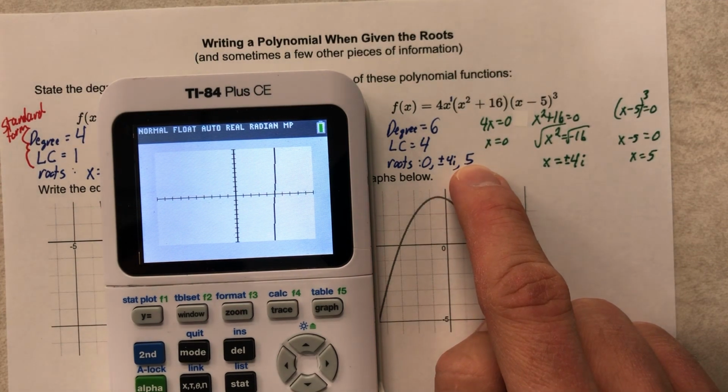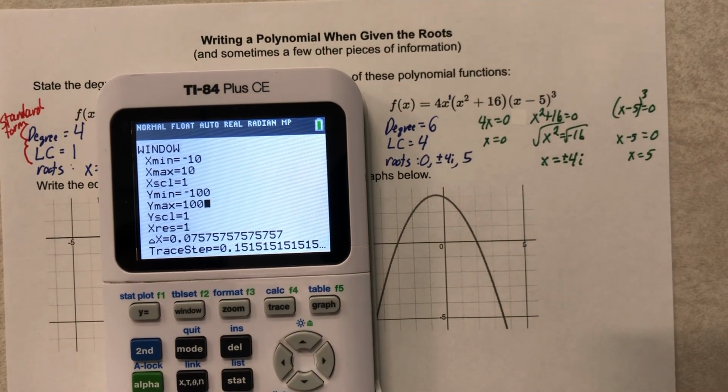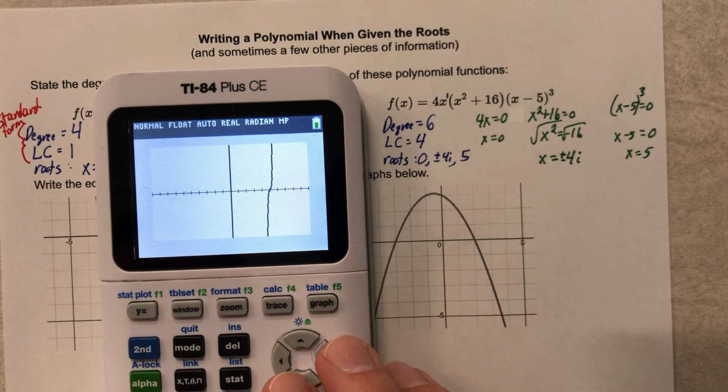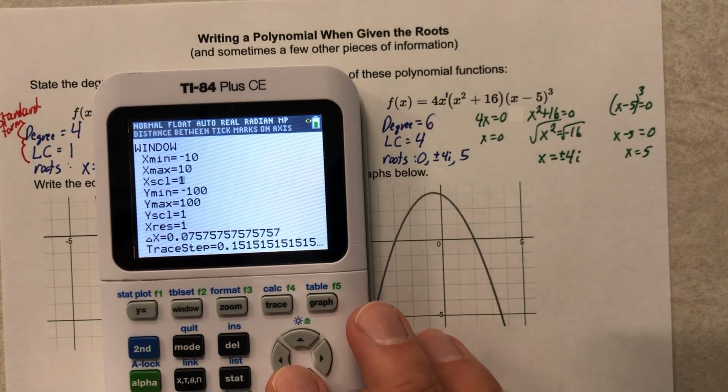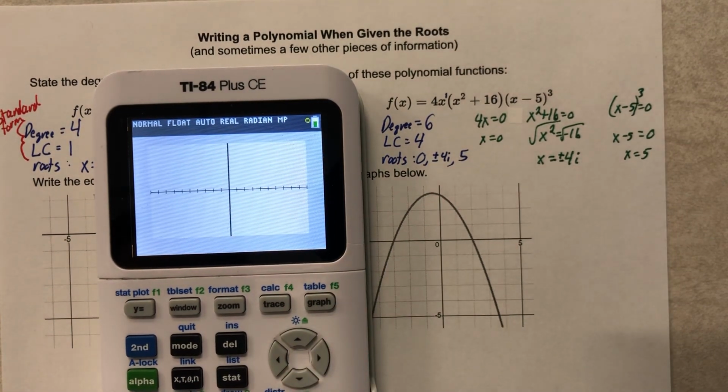There it goes. This one isn't looking like I want it to. I'm going to adjust the window. You don't have to know how to do what I'm doing right now. I'm just fixing it to where it'll look the way I really want it to look. Oh, please work. Let's go a little bit further out.